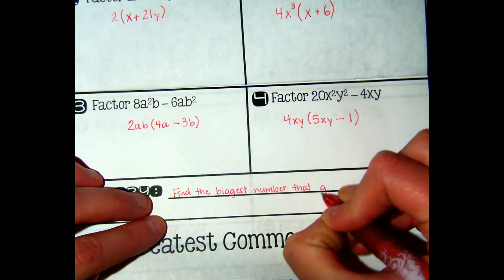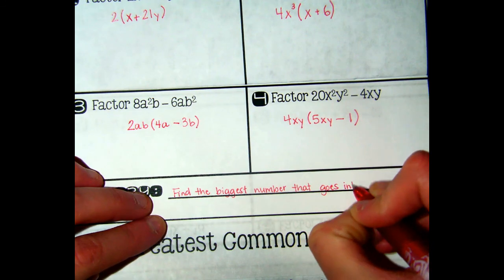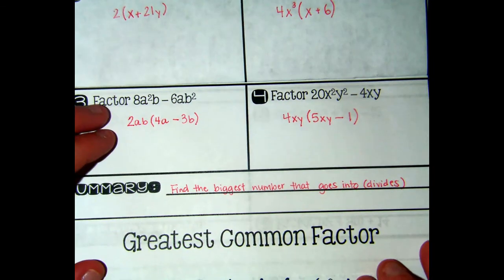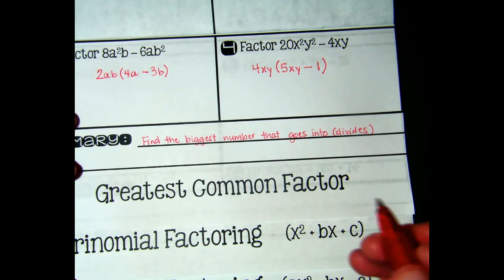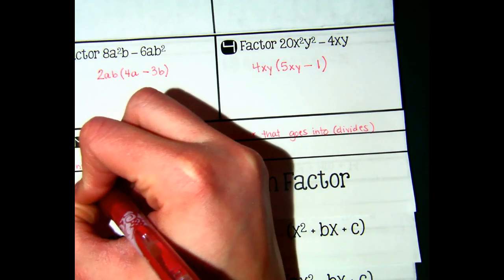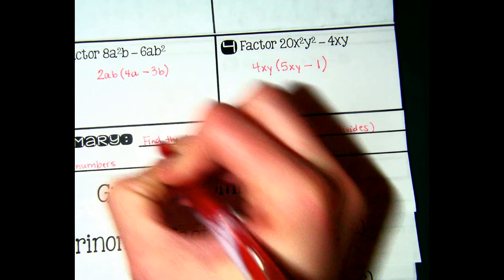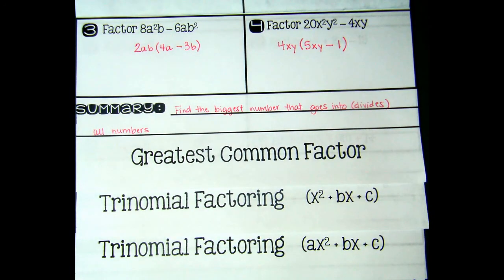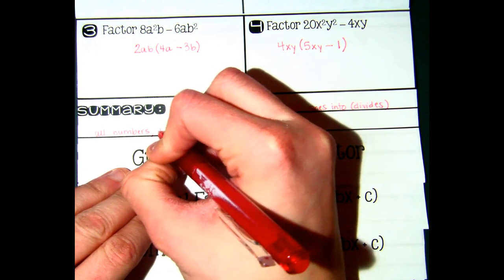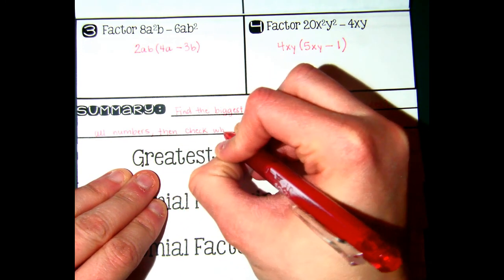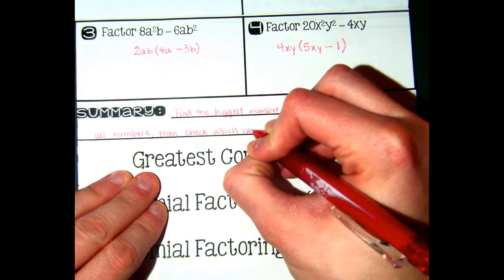That goes into, I'm going to write the math word divide, but I still wrote goes into, that divides, goes into all numbers. What else? How about the variables? Then check which variables they all have in common. Okay.